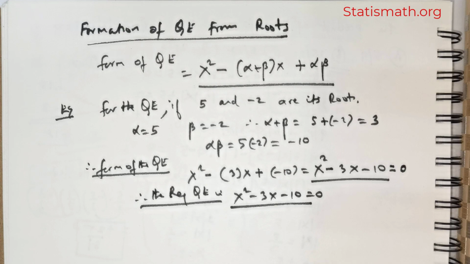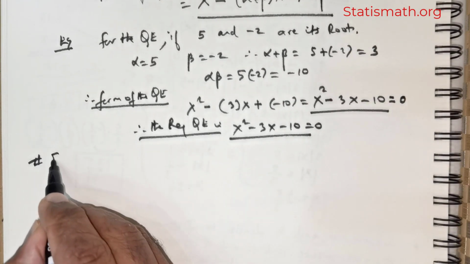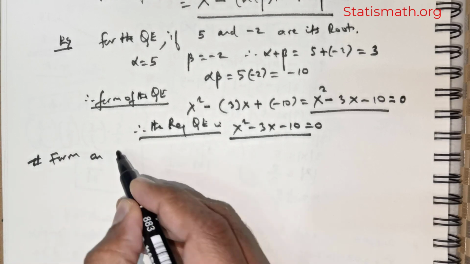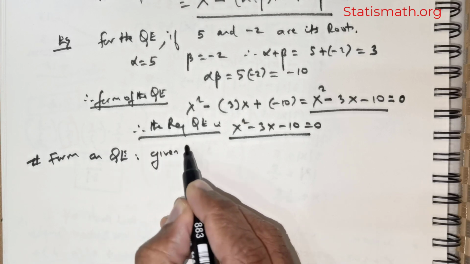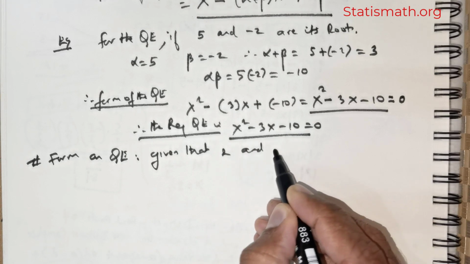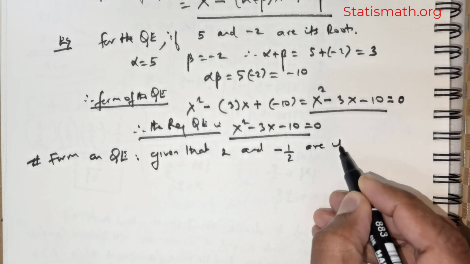Now let me just do one more question. Form a quadratic equation given that 2 and negative 1 over 2 are its roots.